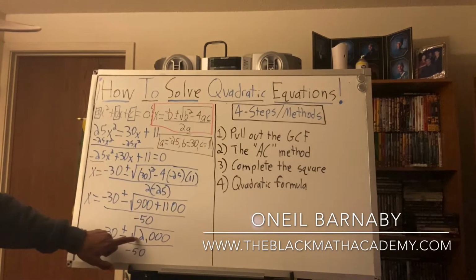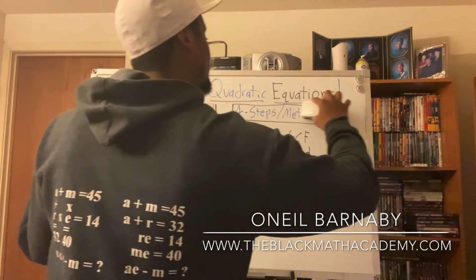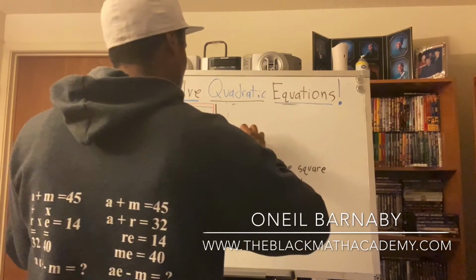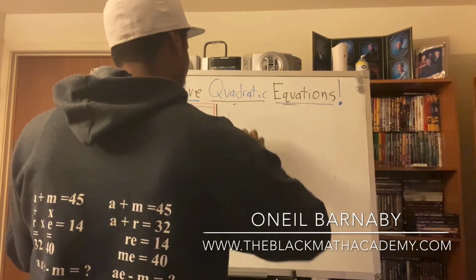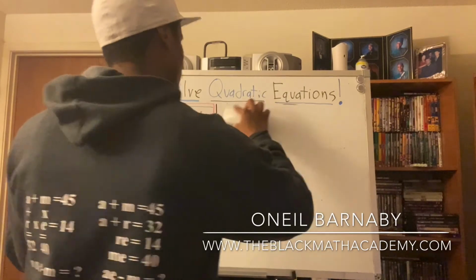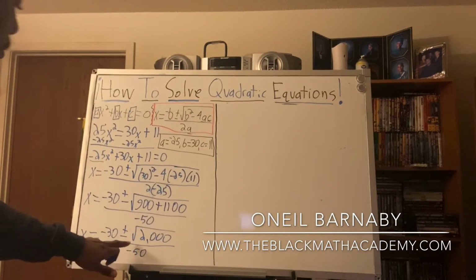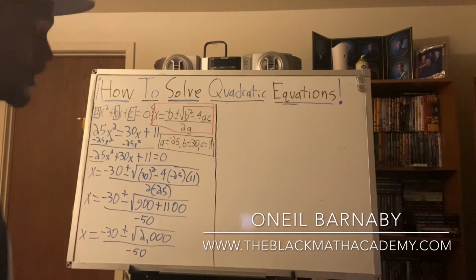And then we have to actually simplify the radical itself. I need more room, so let me erase this. So we have to take the square root of this 2000. That's the first thing we should do.